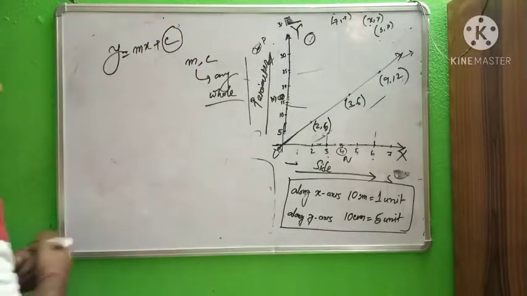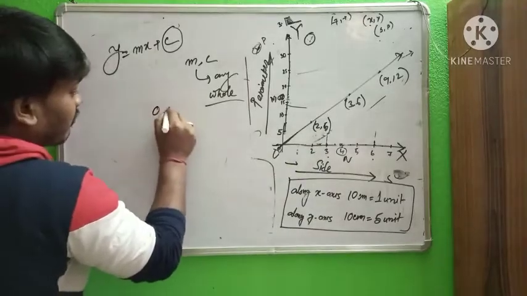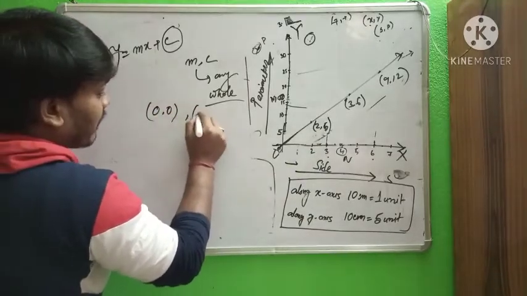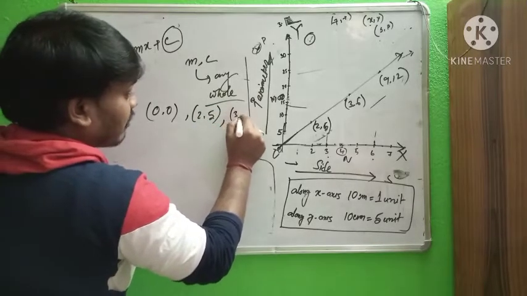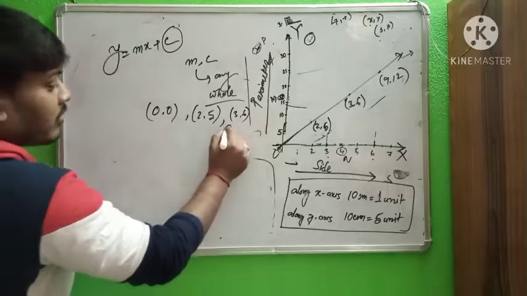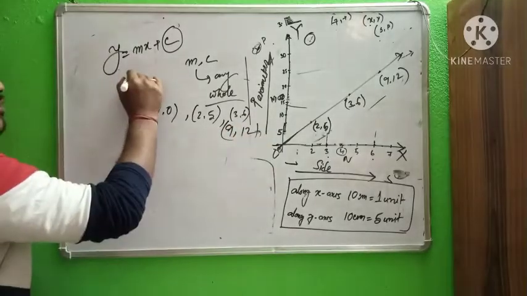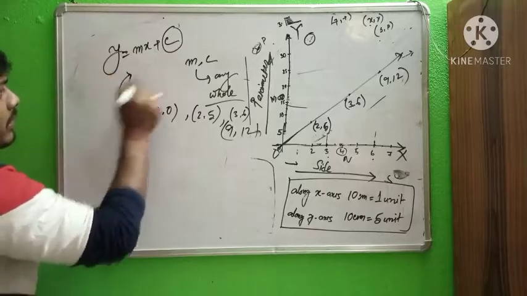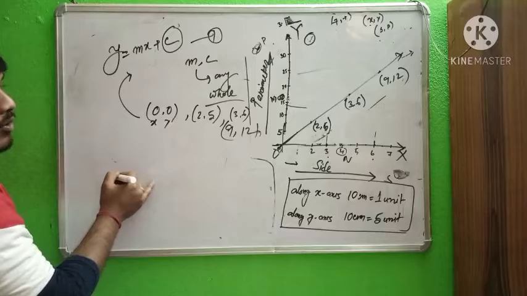For this line, it passes through 0, 0, 2 comma 5, 3 comma 6, 9 comma 12. So using 0 comma 0, the value of x is 0 and the value of y is 0.